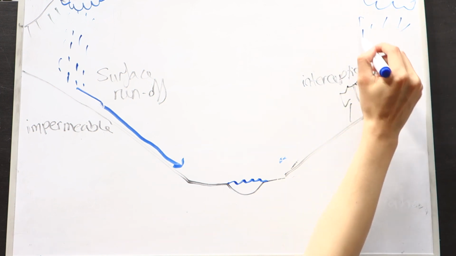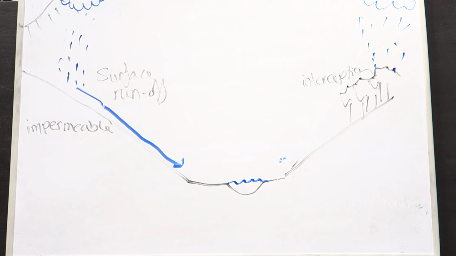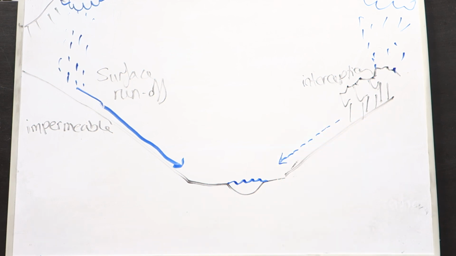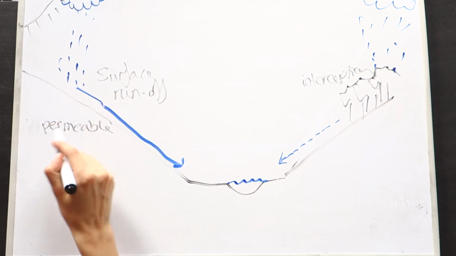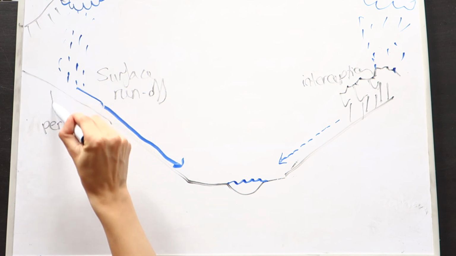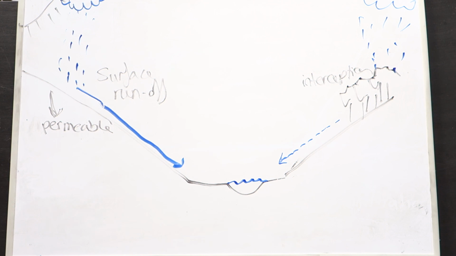So rain falls and it lands on the trees, and that slows down the rain, stores some of the rain, and means that there is less surface runoff. Another factor is that if the soil is permeable, so it's not impermeable, it's permeable, then more water will infiltrate into the soil and there'll be less surface runoff. So impermeable means it doesn't let water through. Permeable means it does let water through.